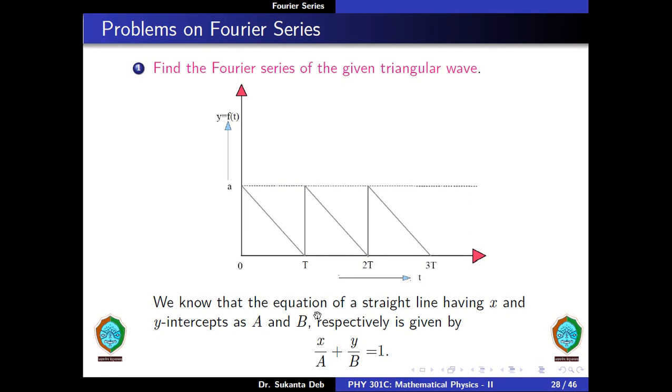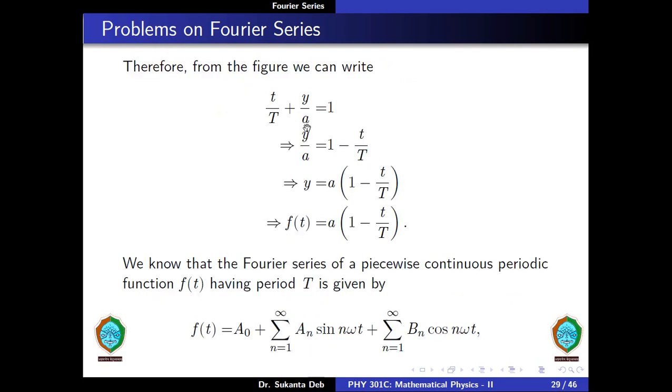Here in our case, instead of x we have t, and instead of the x intercept we have capital T. Similarly, y is equal to f of t, and the y intercept is small a.